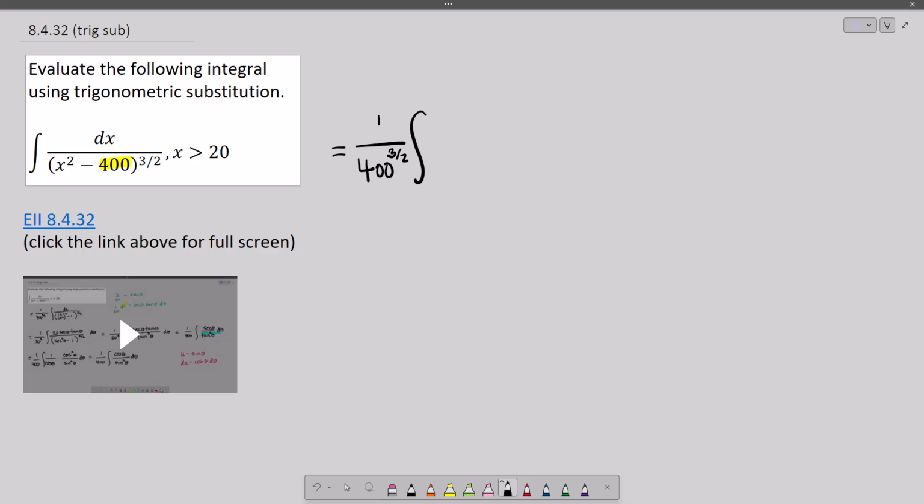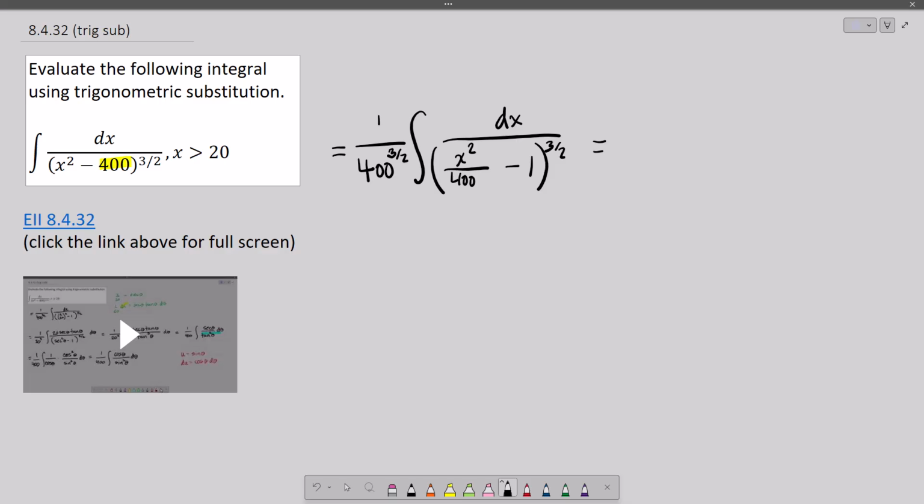And as we've seen many times, that other term doesn't have a 400. Doesn't matter, we just create one. And so it's going to end up being x squared over 400, which we'll put as a single square in one moment.